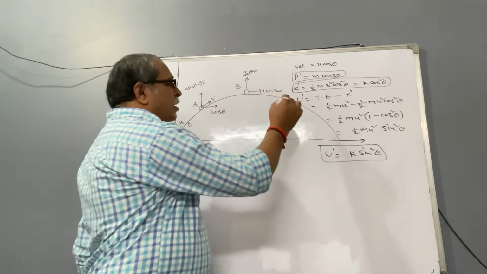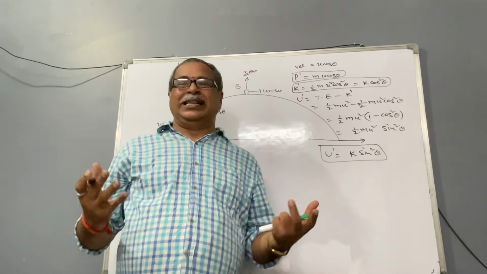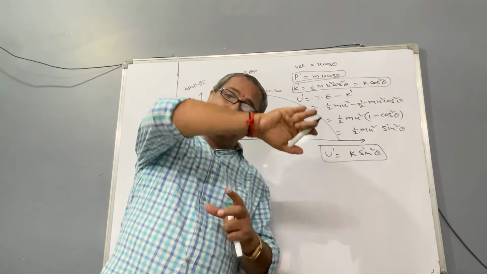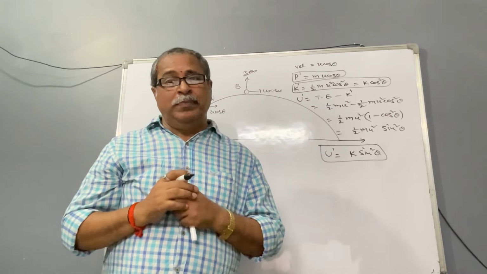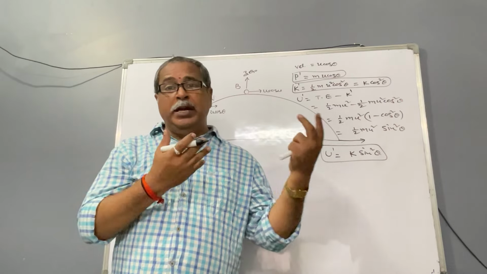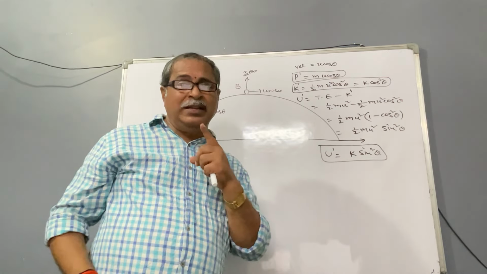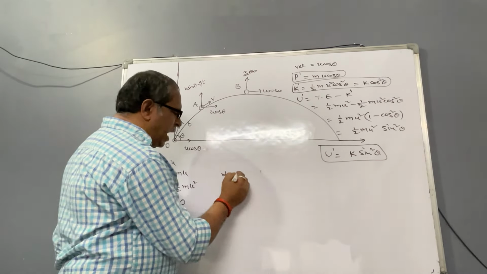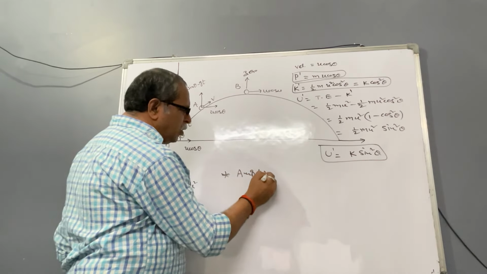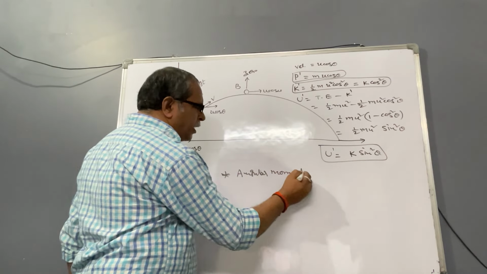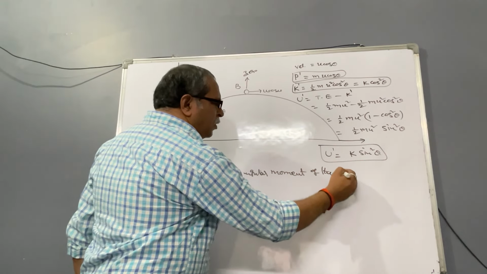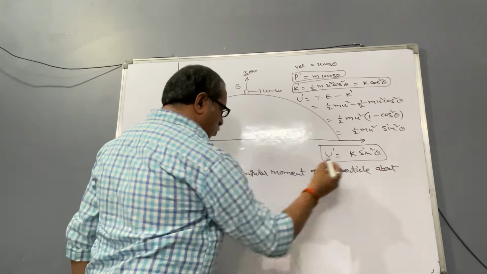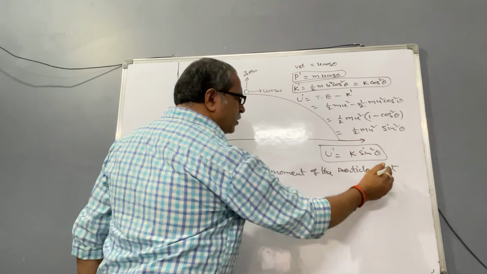Now what is the angular momentum of the particle? Because the particle is moving in a two-dimensional system, it possesses some angular momentum. Angular momentum is linear momentum into perpendicular distance from the point of projection. They may ask, a very important topic, angular momentum of the particle about the point of projection at the highest point.